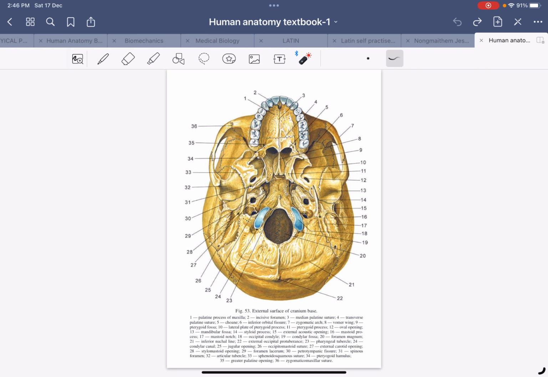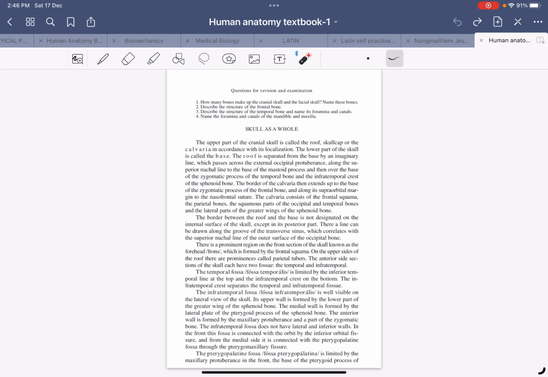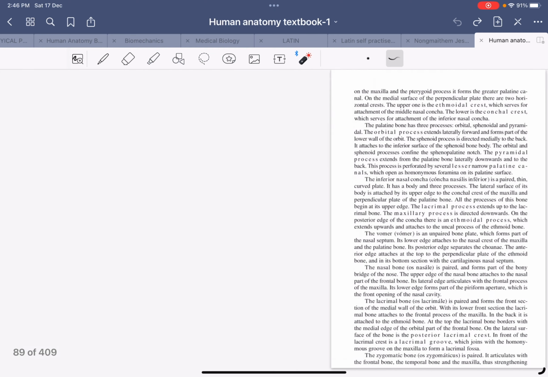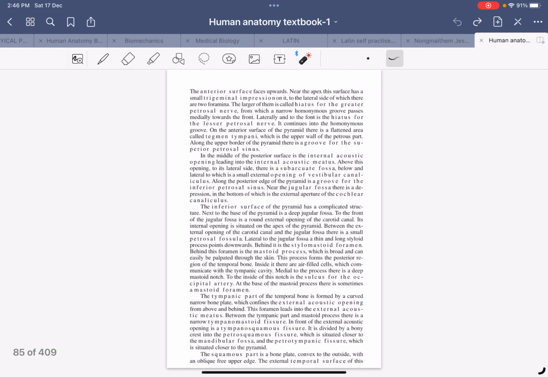I'm not an expert here. I'm just going to express the knowledge I have learned so far, and I will let you know about the parts of the bones found in our cranium. So let's start from the beginning.